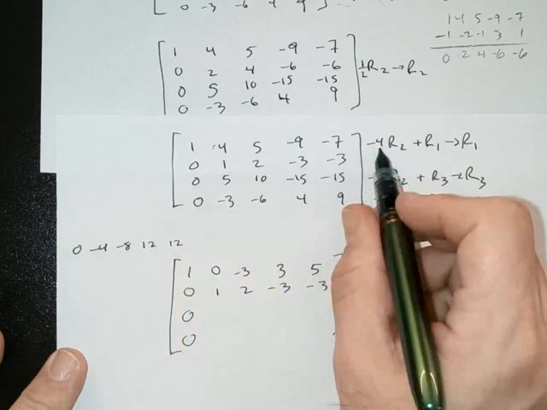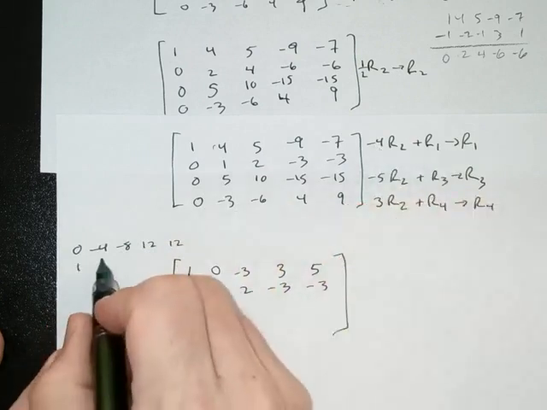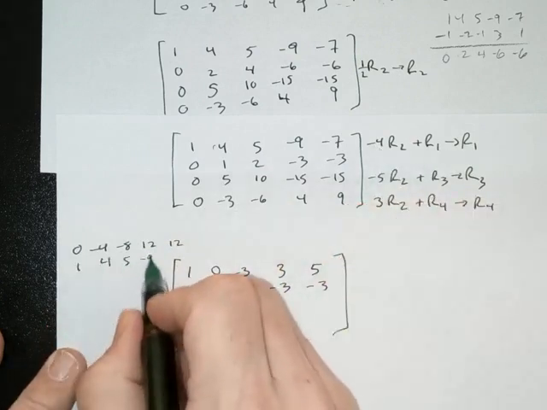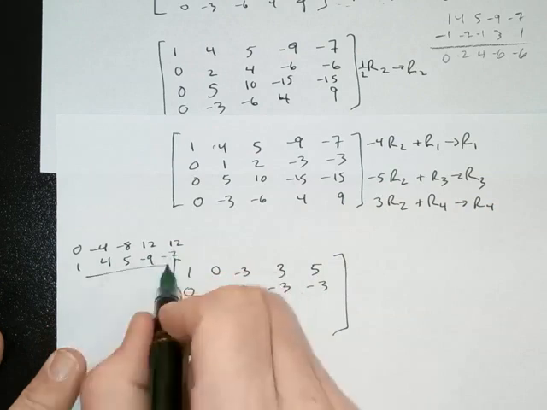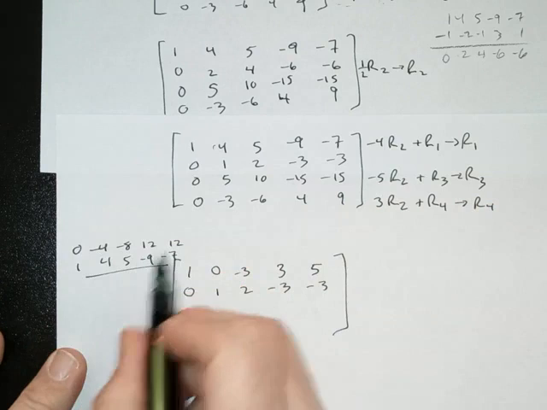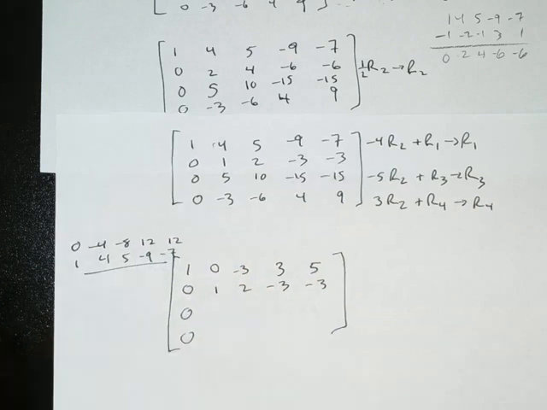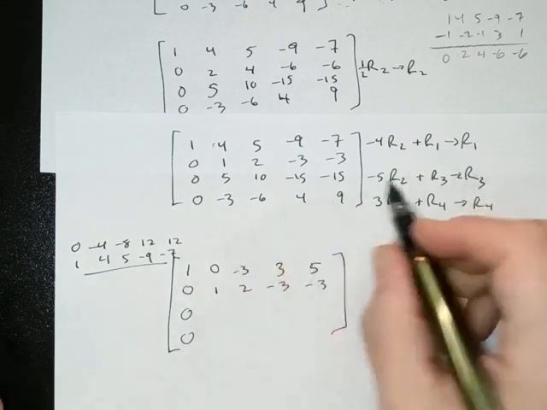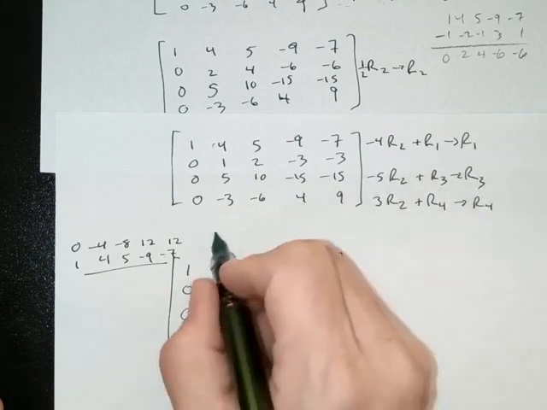I multiplied by minus 4. Then I copy this down and I add 1, 0, minus 3 plus 3 plus 5. You got to do 2 more of those, people. So I multiply by minus 5 this time.